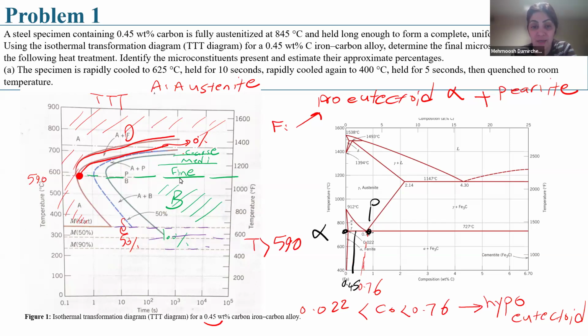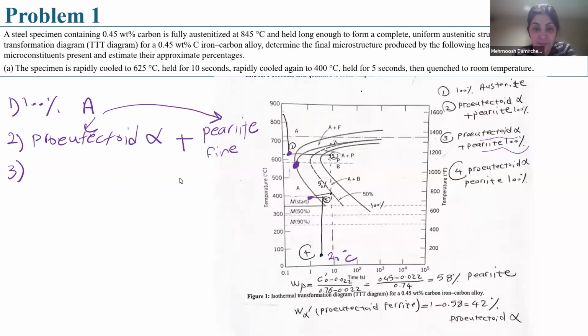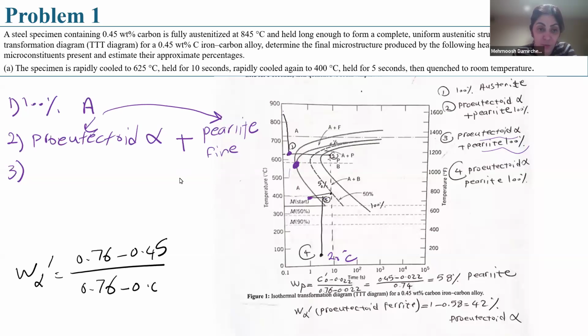This minus this. So for ferrite, we use this: which side is far? 0.76 minus 0.45 per total 0.76 minus 0.022. What is 0.022? The maximum weight percent of carbon in ferrite.